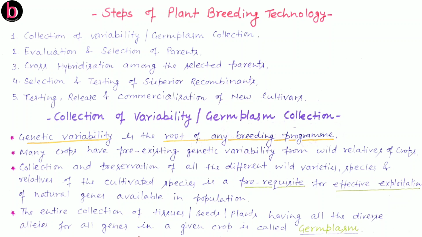This is the sum total of all genetic material present in a particular plant, and it can be obtained from seed banks, gene banks, nurseries where plants are growing, etc. So collection of variability, or germplasm collection, is the key thing, the root of any breeding program. We have to collect all the varieties of an individual species from all over India and, if possible, from other parts of the world.